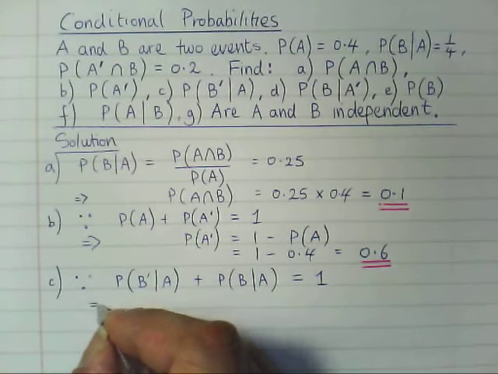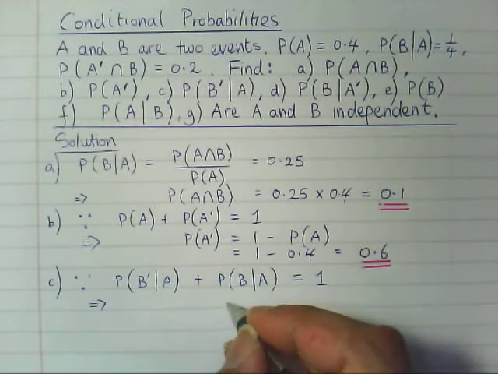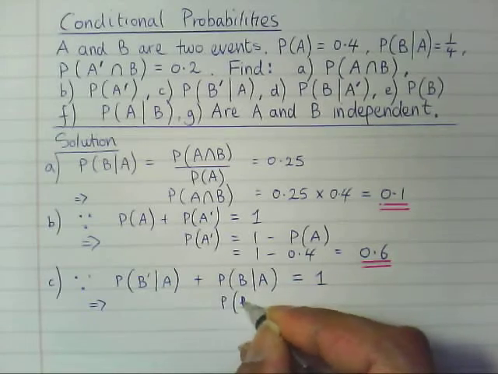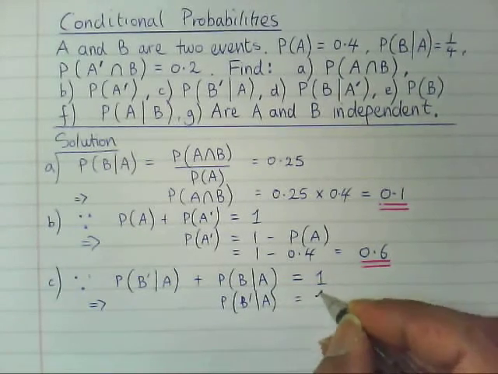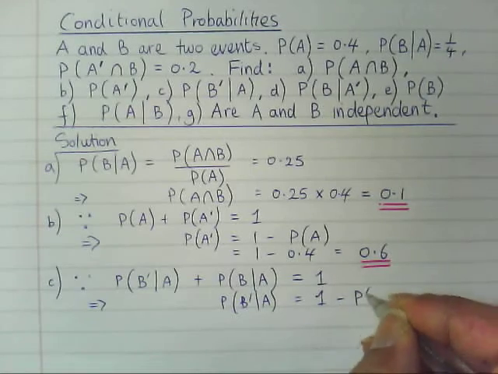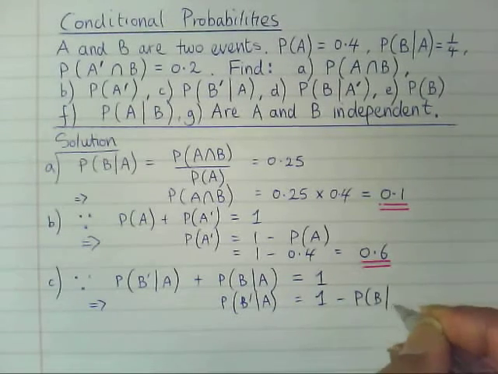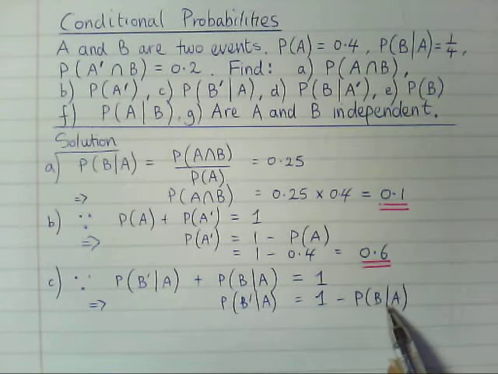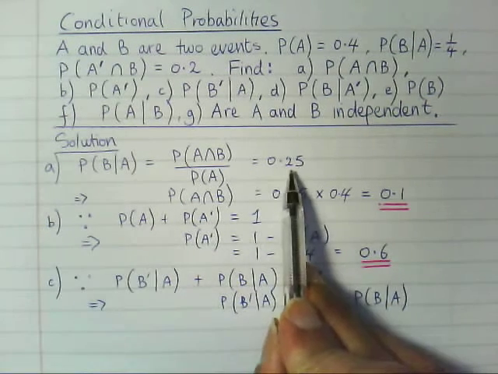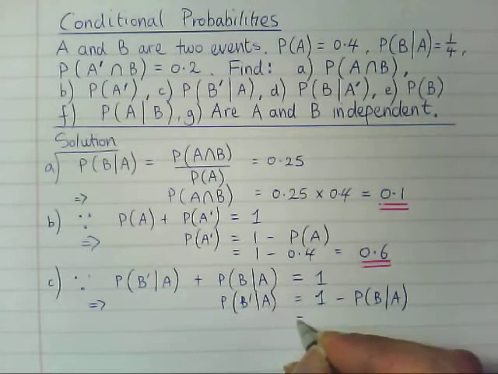So this implies that the probability of B not occurring given A has happened must equal 1 minus the probability of B given A has happened. Well, we are told what this is, and we already know it equals 0.25.